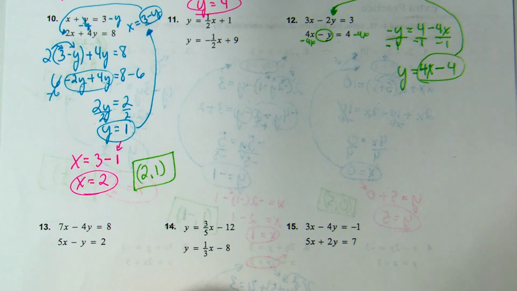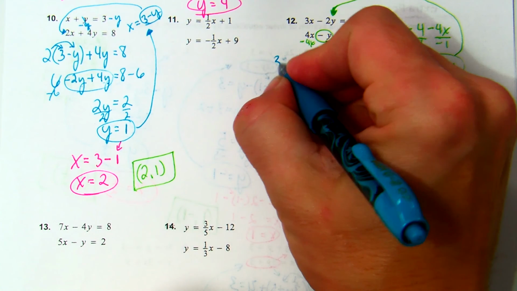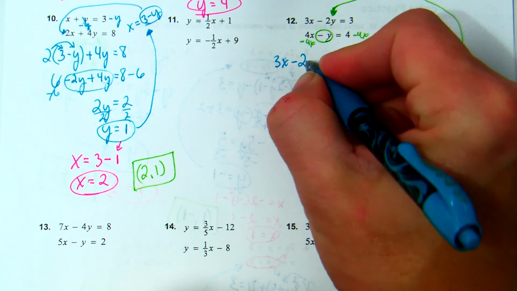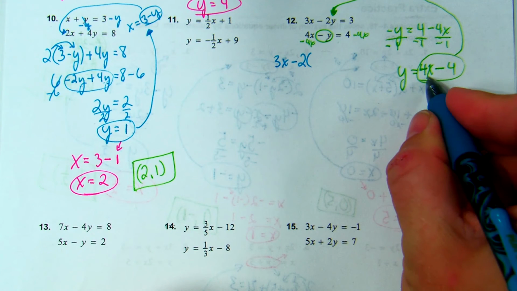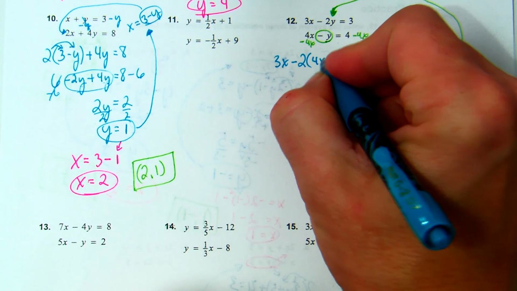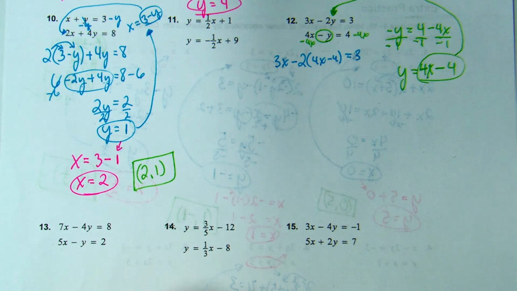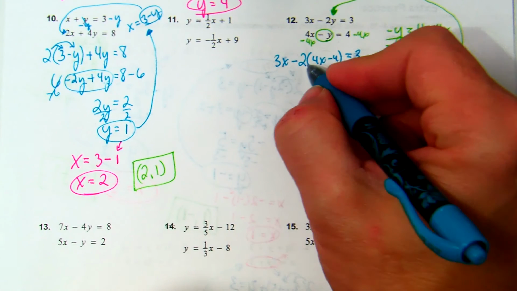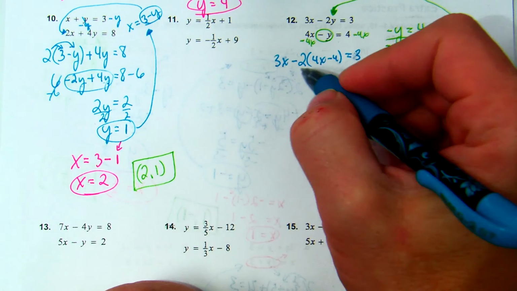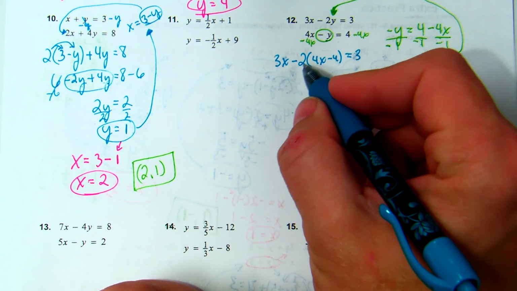Okay? So the first equation is going to be 3x minus 2 times 4x minus 4 equals 3. Okay, so now I have to do some distribution, and we talked about it earlier, and we are seeing it again now.